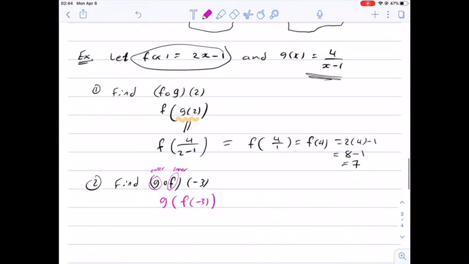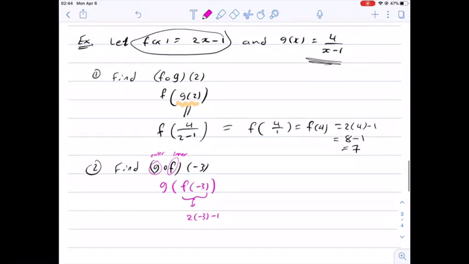So we start from the inner function, f of negative 3. We substitute negative 3 into f, so we get 2 times negative 3 minus 1, and this is negative 6 minus 1, negative 7. So we have g of negative 7.